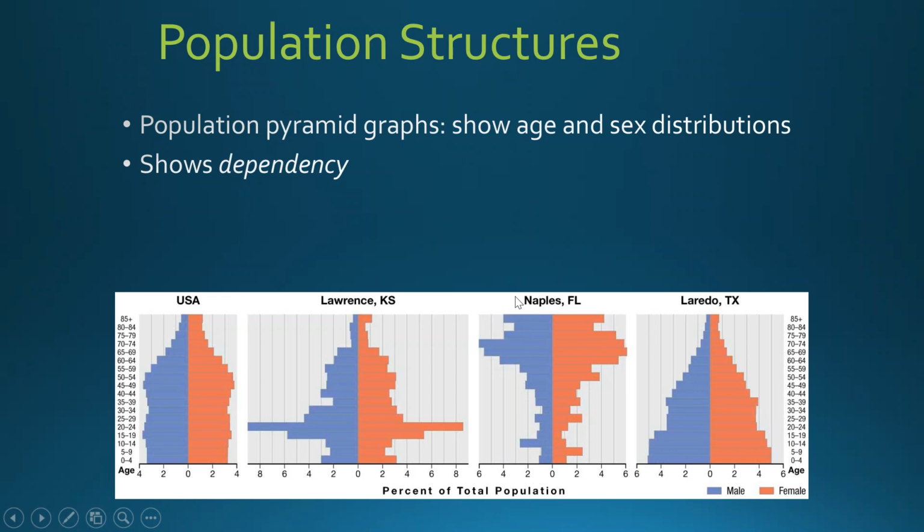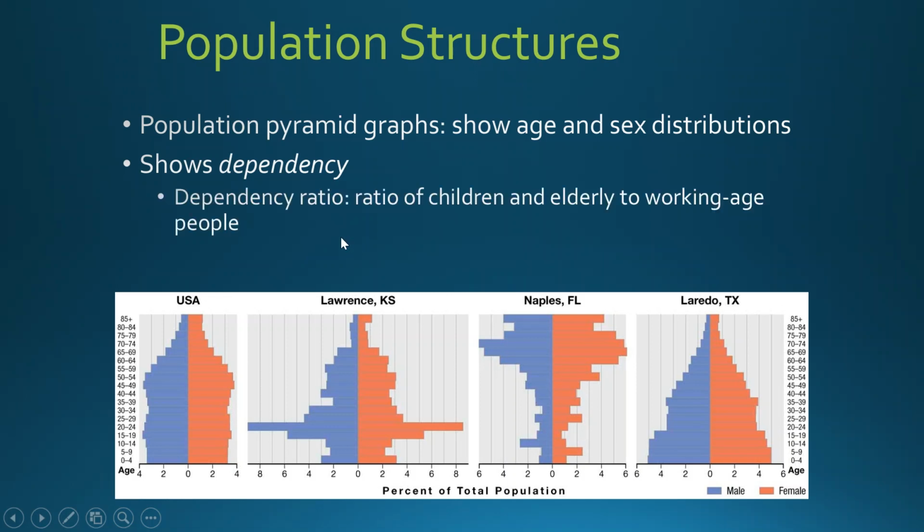That means you have a very high dependency ratio in that most of these people are retired and they are not working. So they are not contributing in the same way to the economy as younger people. So that dependency ratio is the ratio of children and or elderly to working age people.